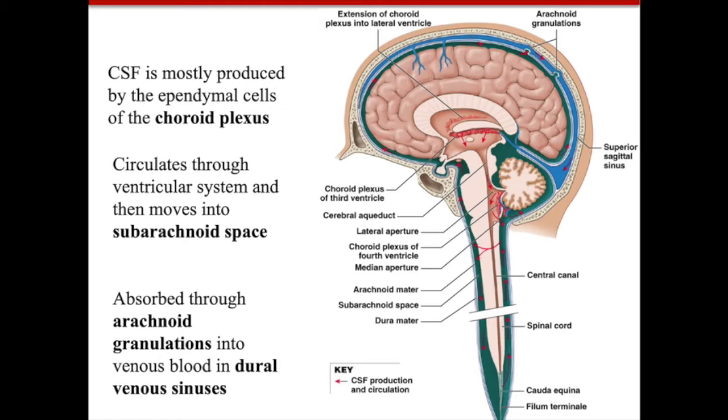But it has passages to move into the subarachnoid space, the space below the arachnoid, in between the arachnoid and the pia mater. It will circulate and serves essentially as a cushion for the central nervous system, and it will be absorbed by a structure called arachnoid granulations.